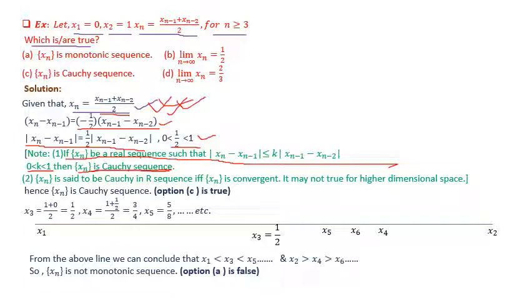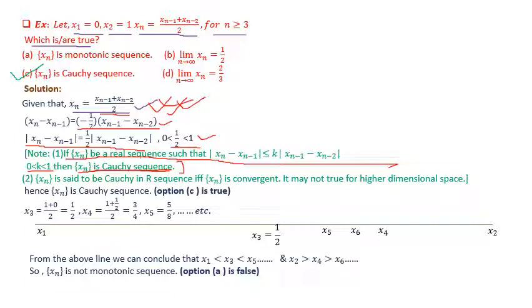According to this note, our given sequence is a Cauchy sequence. Therefore option C is true. And since this is Cauchy, the sequence will be convergent.